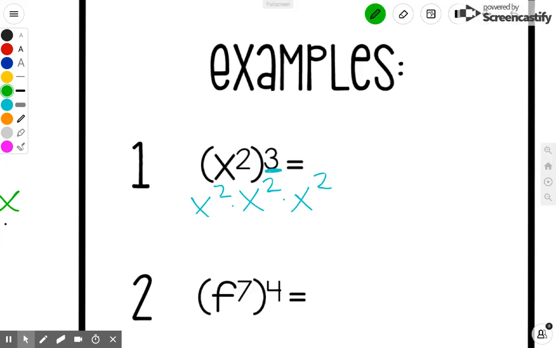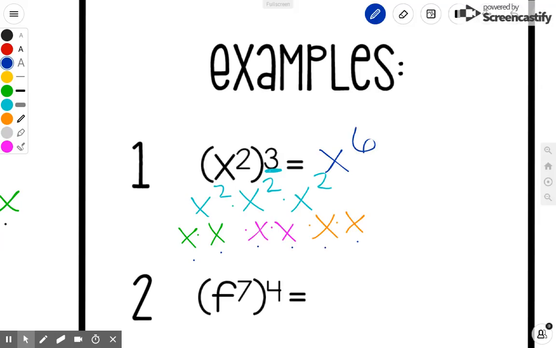What x squared means is that I've got 2 x's. So there's the first x squared, here's the second x squared, and there's the last x squared. So total, I have 1, 2, 3, 4, 5, 6. This is x to the sixth power.